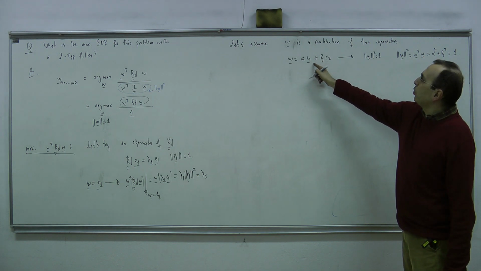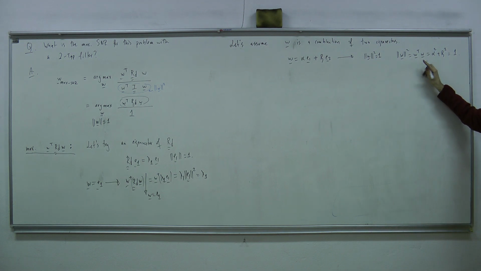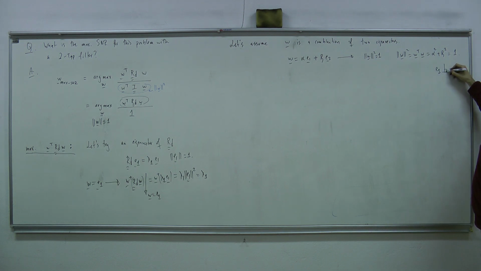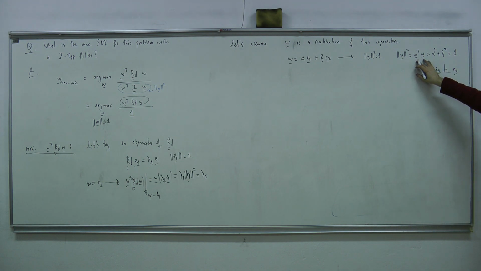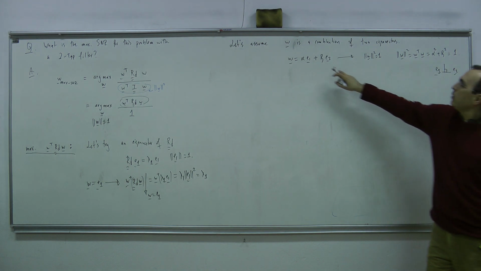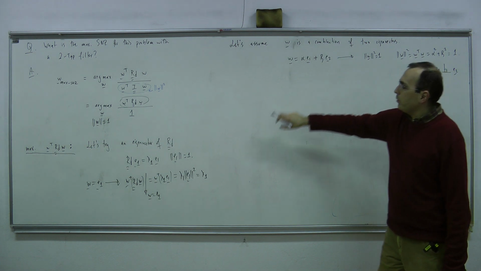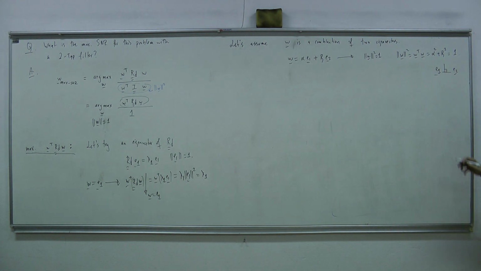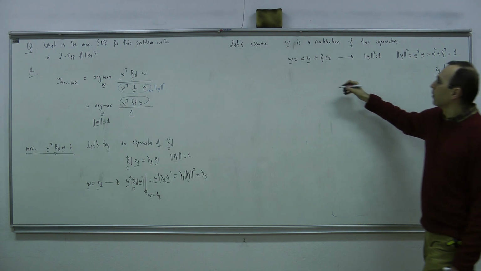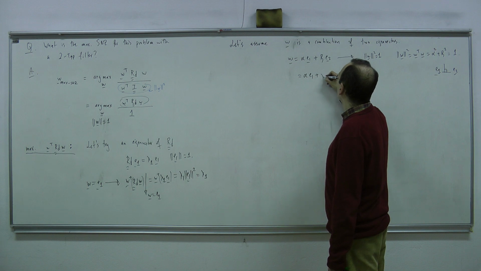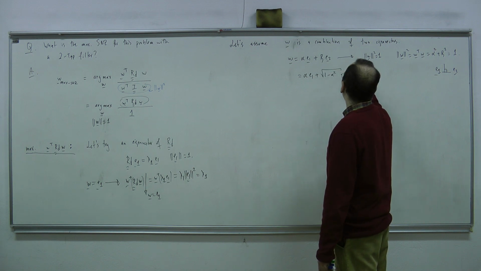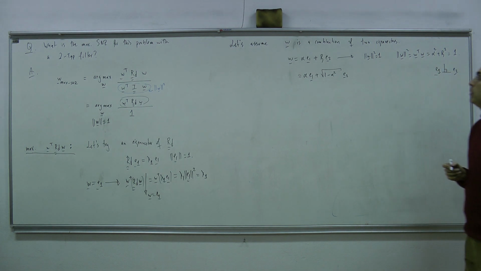Because if you include it over here, there are 4 terms, and the cross terms E1 transpose E2 are equal to 0. E1 transpose E1 is 1, because I have assumed that these are orthonormal sets. So alpha square plus beta square should be equal to 1. If this is alpha, then beta is the square root of 1 minus alpha square. It has to be like that.